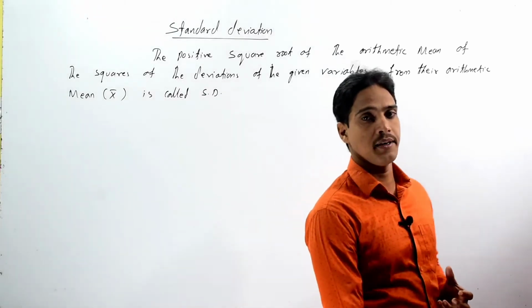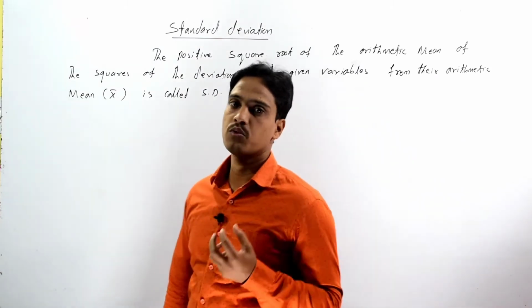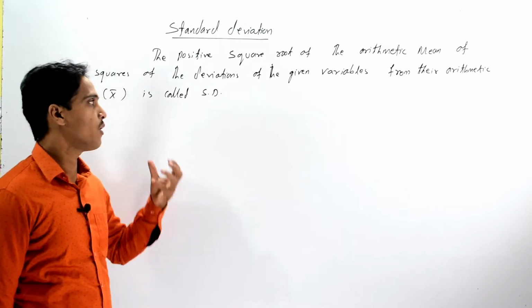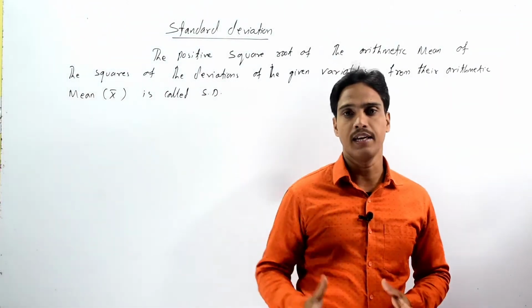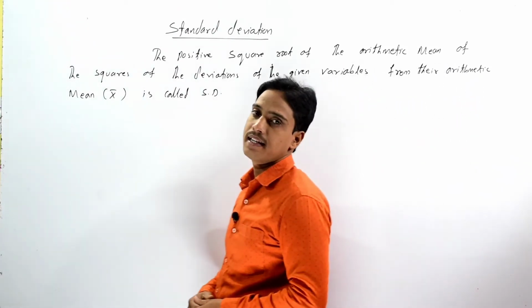Standard deviation means the positive square root of the arithmetic mean of squares of the deviations of the variables from their arithmetic mean.